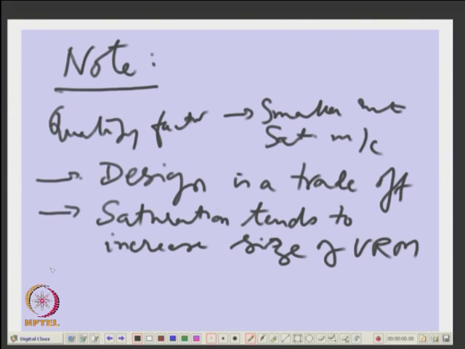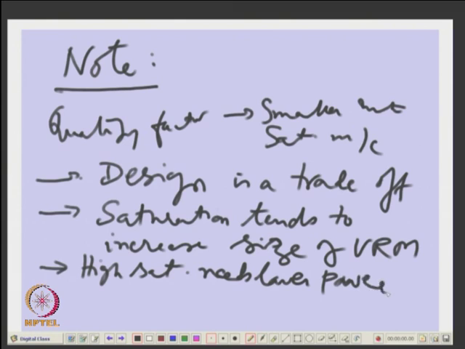Then high saturation needs a lower power inverter, okay.